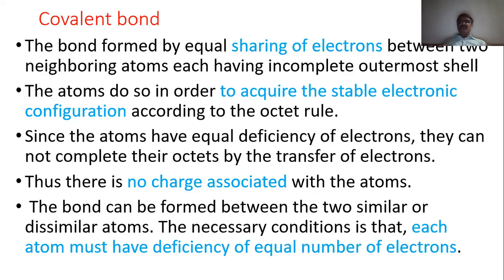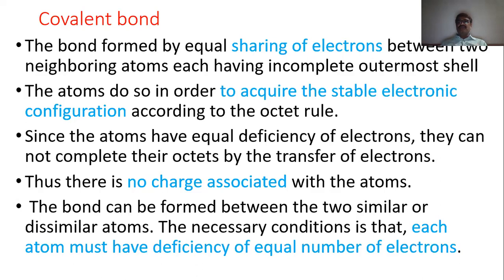The outermost shell means the valence shell. If two atoms come near to each other which have equal deficiency of electrons, then their outermost orbitals share an equal number of electrons.